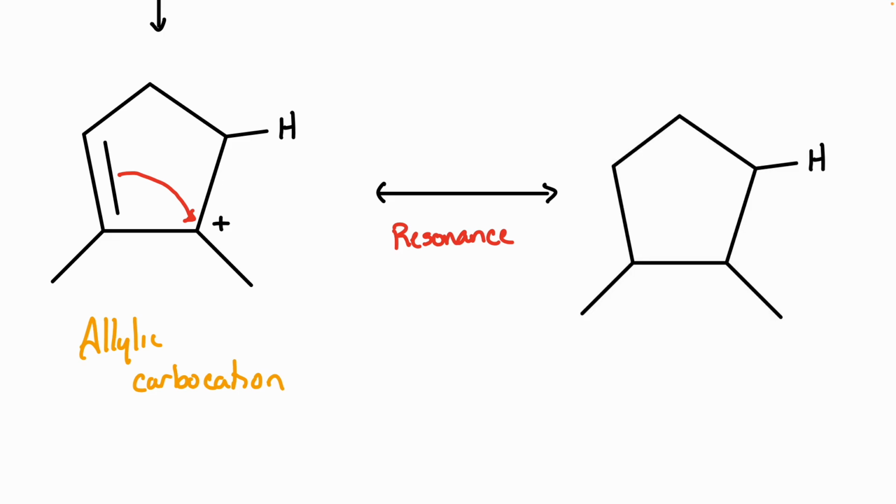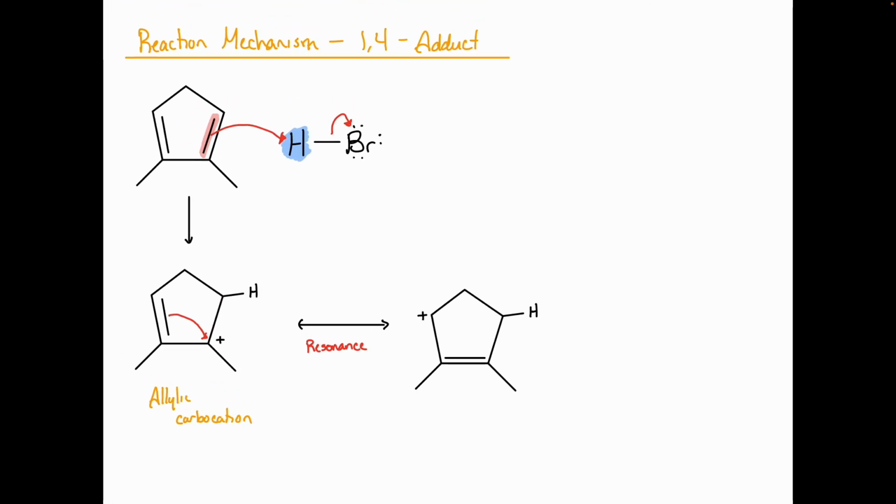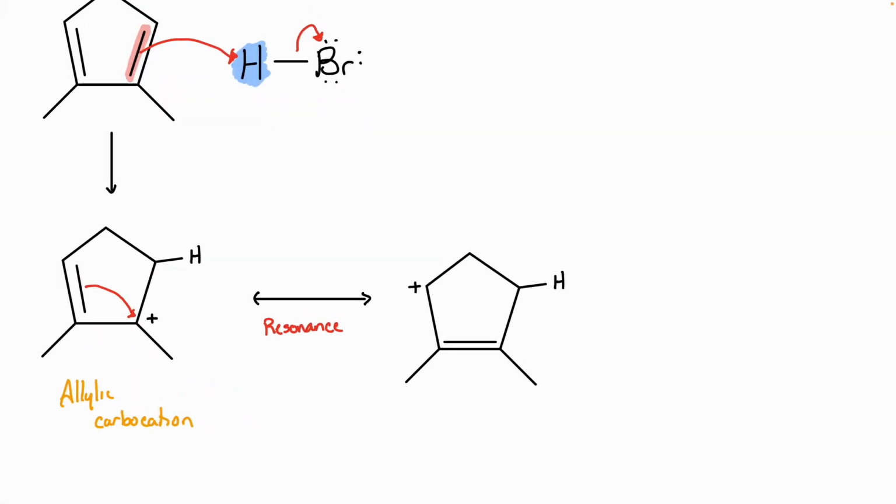All right, and so this will have the effect of having that double bond and that carbocation swap places. So now my carbocation is located up here, and my pi bond has moved. Okay. So then if we're going to finish this off, we need that bromide ion back.